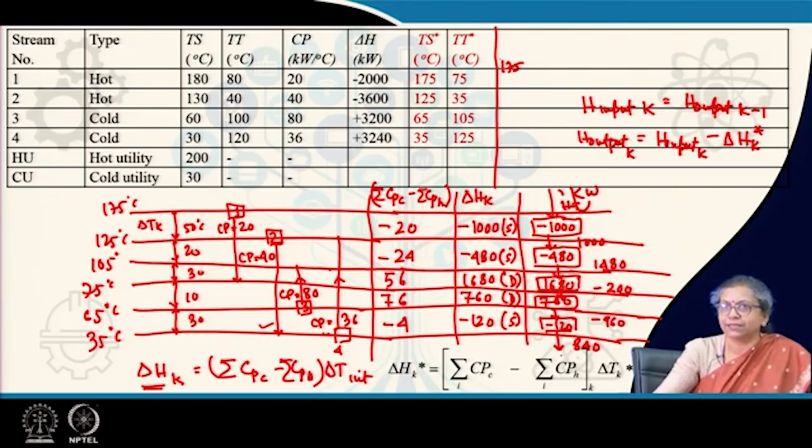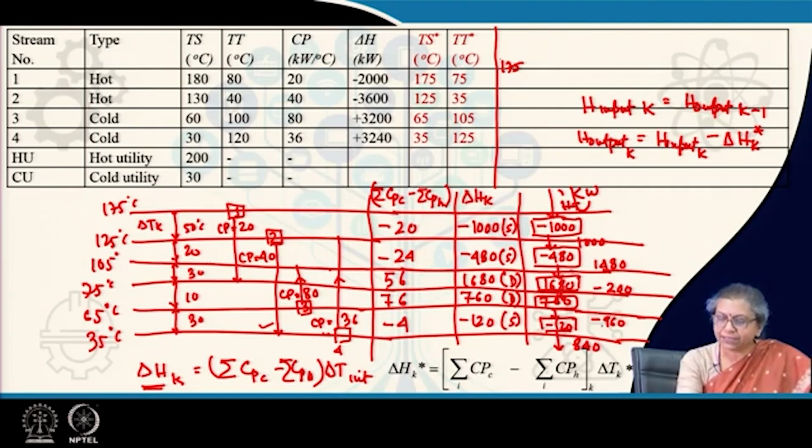Now, there is something that I want you to understand. When there is heat flow from the top, if there is a deficit in heat flow, that can be compensated by the heat flow from the top. But if there is a surplus, then that surplus cannot be compensated by the heat flow from the top. So, anything negative is thermodynamically infeasible.